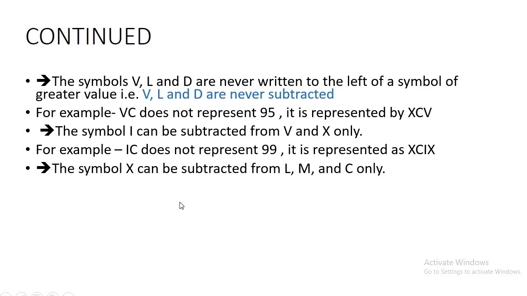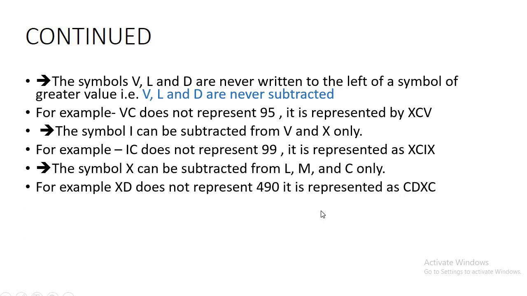Next rule says the symbol X can be subtracted from L, M and C only. It cannot be subtracted from D. For example, XD. Here X represents 10 and D represents 500. As X is a smaller value and D is a larger value, its value should be subtracted, but X cannot be subtracted from D. XD does not represent any Roman numeral.